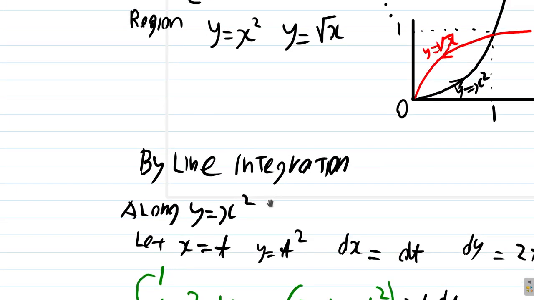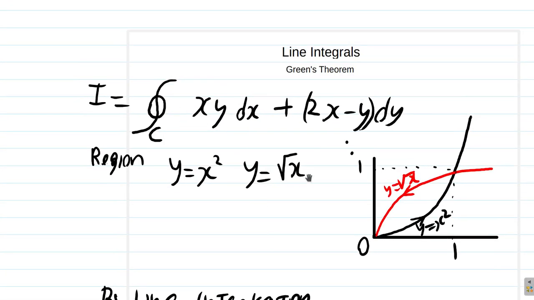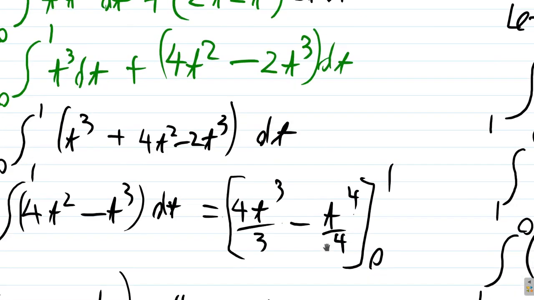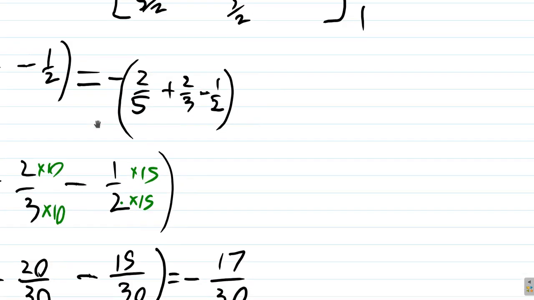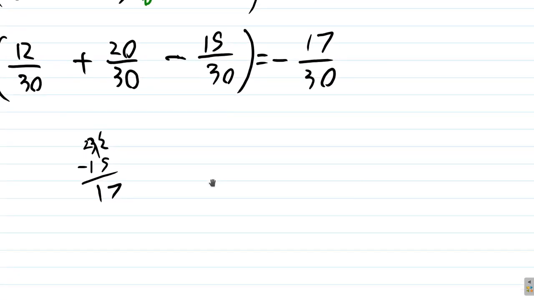Alright, so we call it I. The integral is going to be this part, 13 over 12, plus the next part. So let's get rid of this.